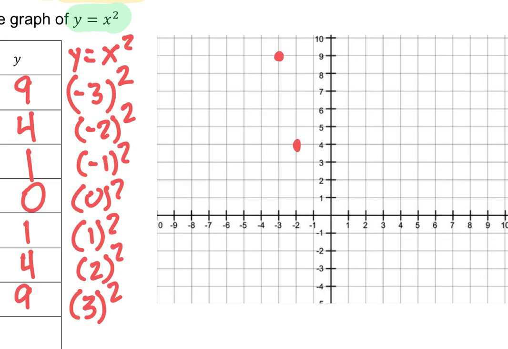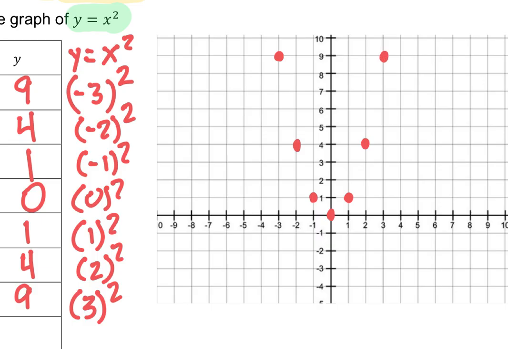Then I have -1, 1. And 0, 0. Now let's go ahead and do the positive x's. We have 1, 1, 2, 4, and 3, 9.